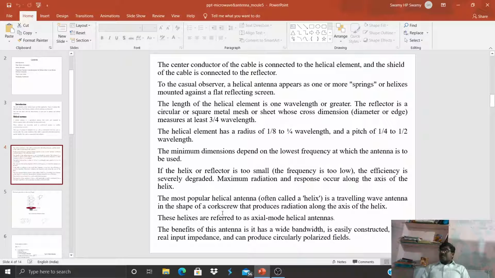Impedance is represented by a real component and a reactive component, like R plus j omega L. R is the real part of the impedance, called the resistance value, and j omega L is the reactive component. In this axial mode antenna, the input is a real impedance and it can produce circularly polarized fields.